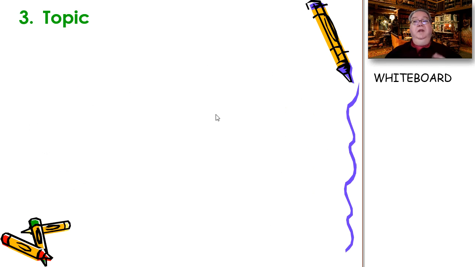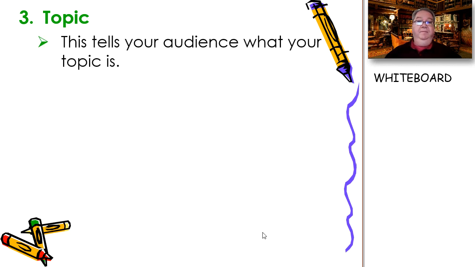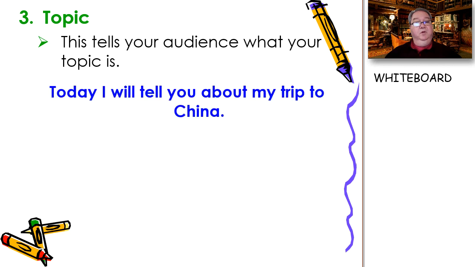So let me remind you of the three example presentations we've been looking at. Remember, you'd have the greeting, and then the hook, and then your topic. So we talked about three different ones here.